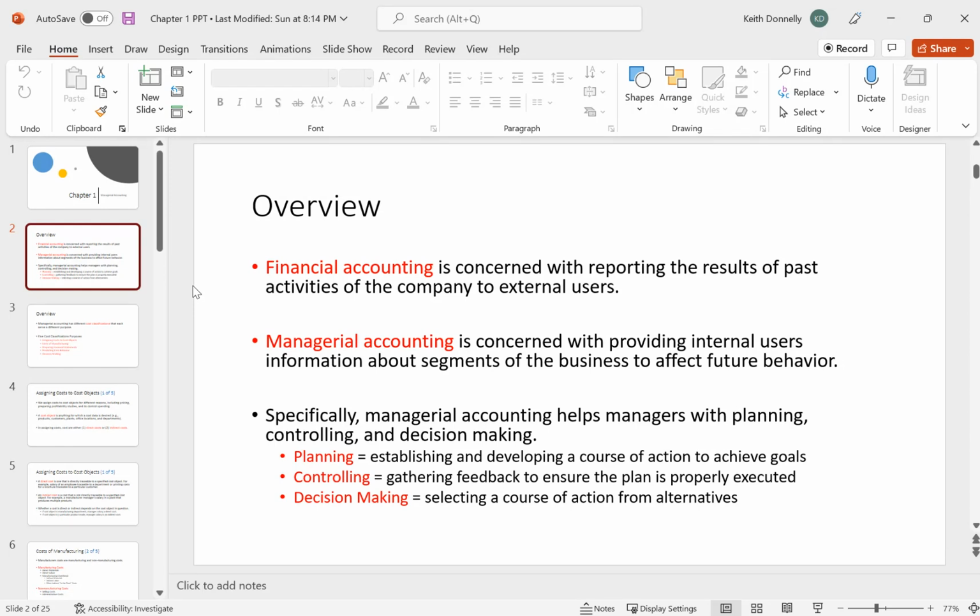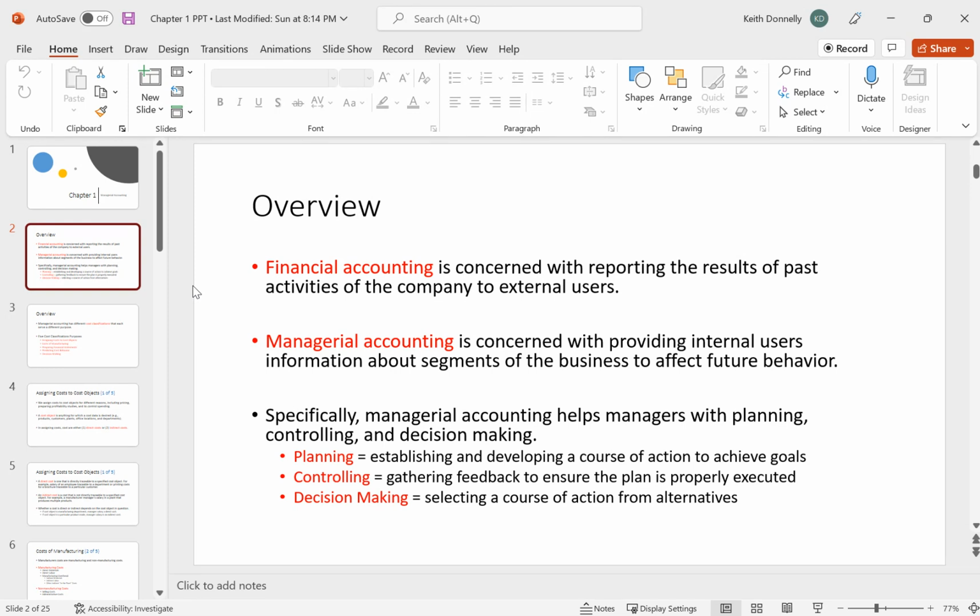It is in the framework of accounting, but it's not similar to financial accounting in the sense that it's a very different course. It would be like if you took Spanish and then you took Mandarin or something, right? They're both a foreign language, but they're very different from each other.